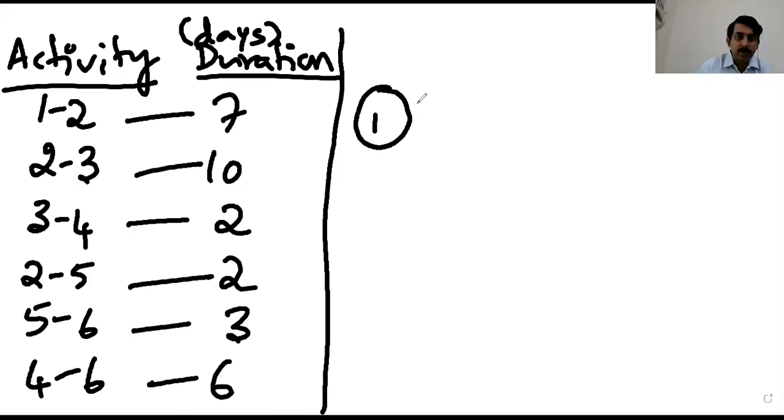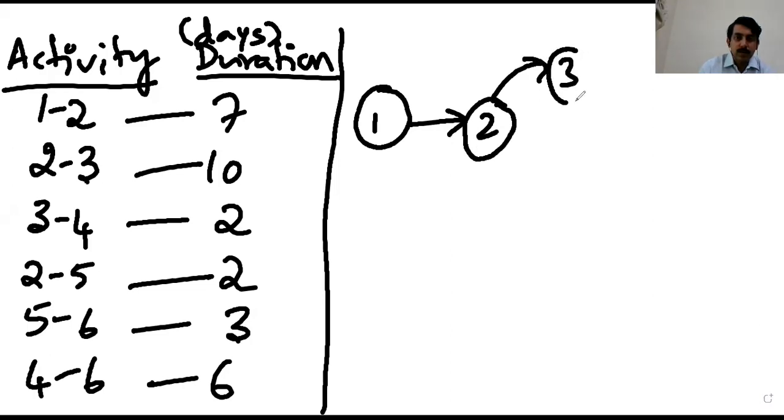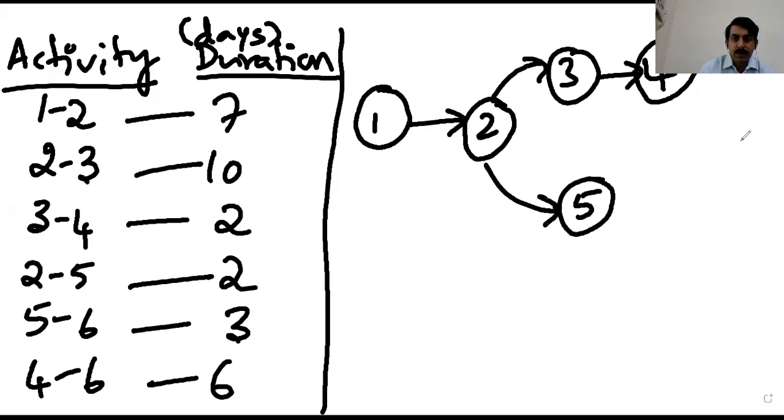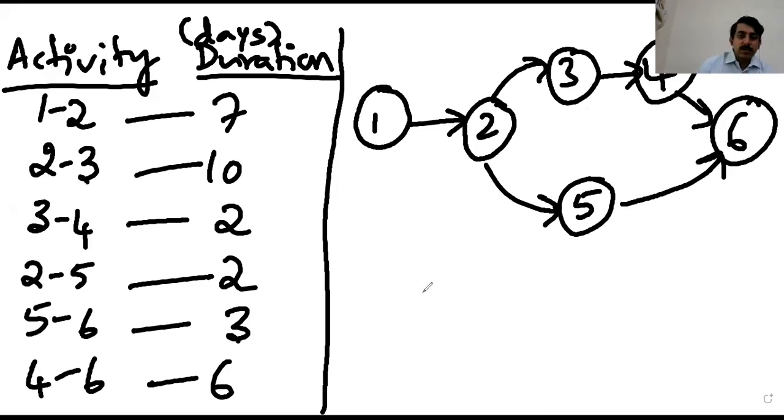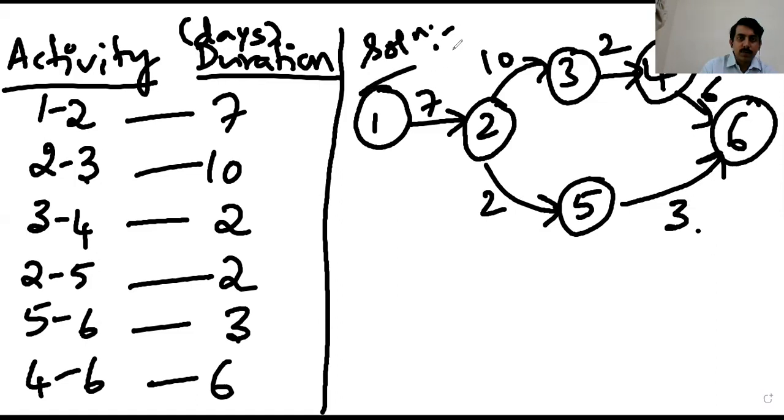We have considered the activity diagram: 1-2, 2-3, 3-4, 2-5, 5-6, and 4-6. These are the total activities we have considered. 5-6 is 3. This is the solution component which we are discussing.